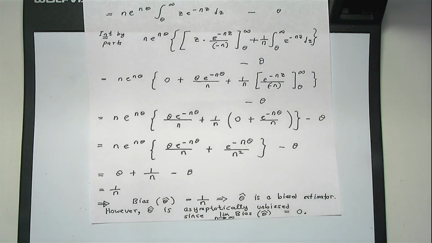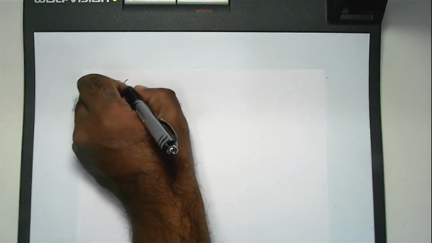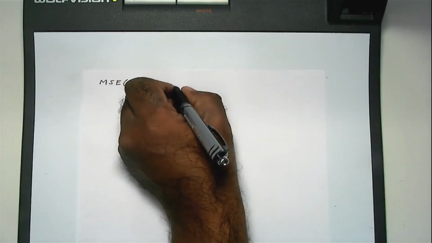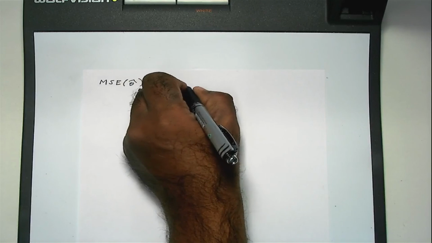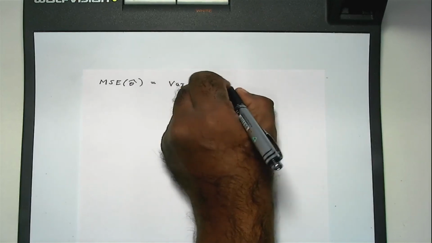Now the second part is to find the mean squared error, right? So that's what I'm going to do next, is to find the MSE of theta hat, which, as you know, is the variance of theta hat plus the square of the bias.